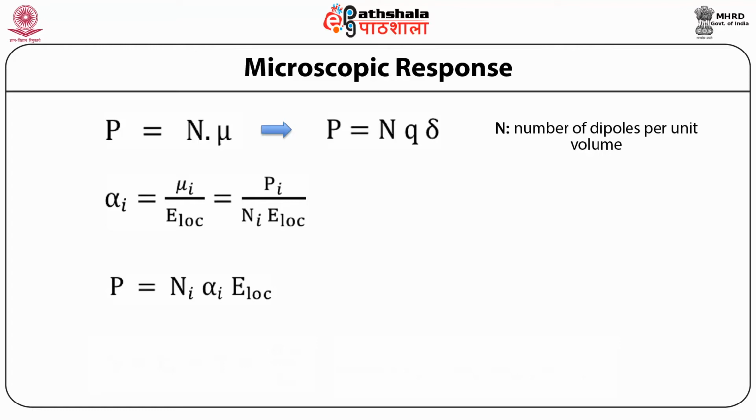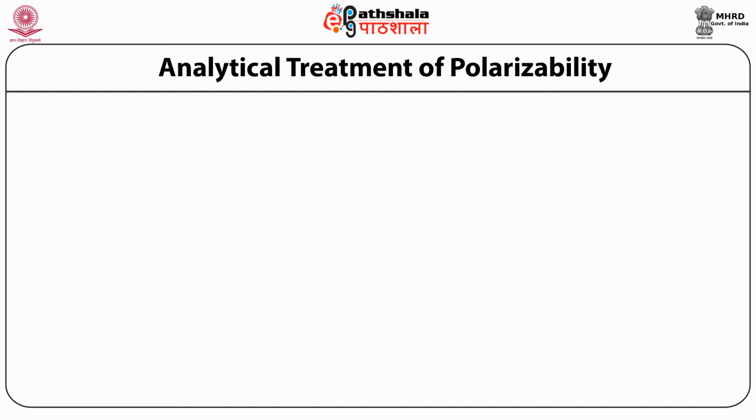As a result, in general, the susceptibility chi is equal to epsilon r minus 1, which is equal to N alpha by epsilon naught, where alpha is the sum of all types of polarizabilities due to different mechanisms: alpha electronic, alpha ionic, alpha dipolar and alpha interface. Now let us analyze the polarizability.